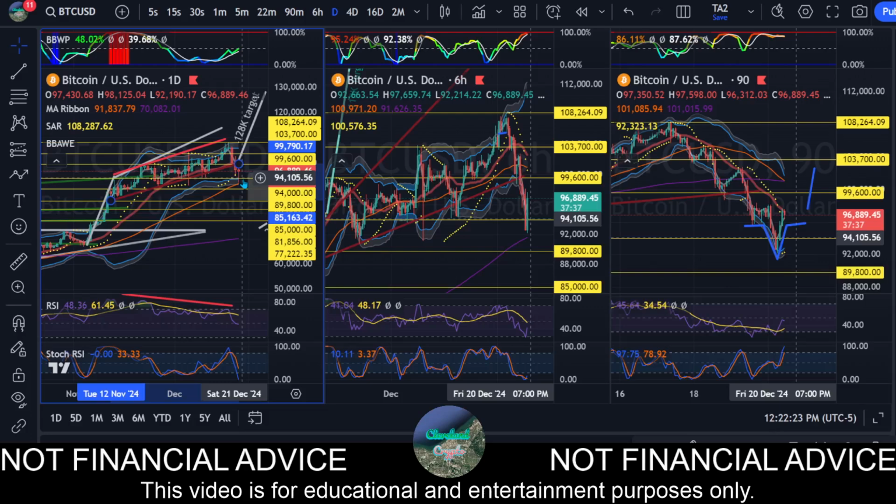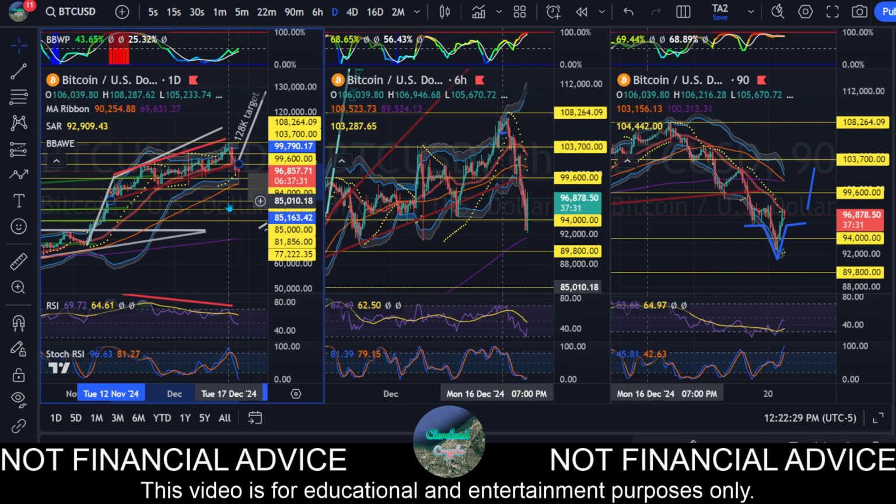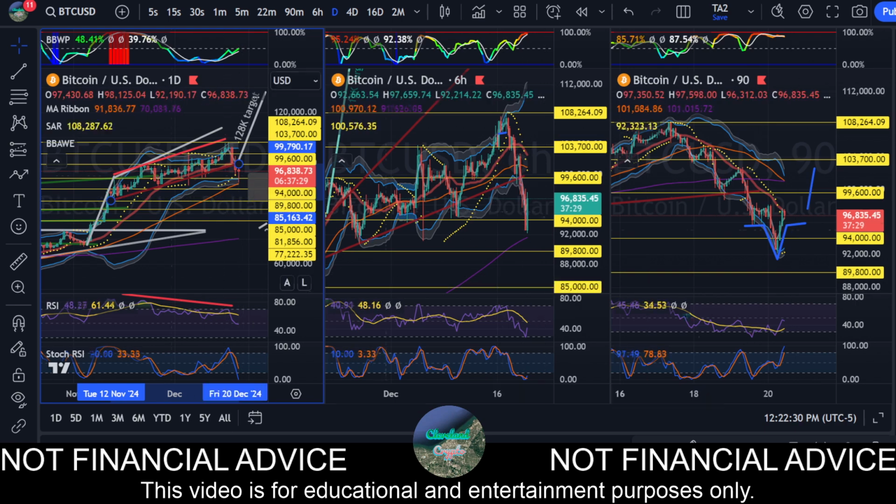How much further downside? Well, we've talked about this before. If 89.8 cannot hold, then we're going to keep seeing some more downside to the next level of 85K.